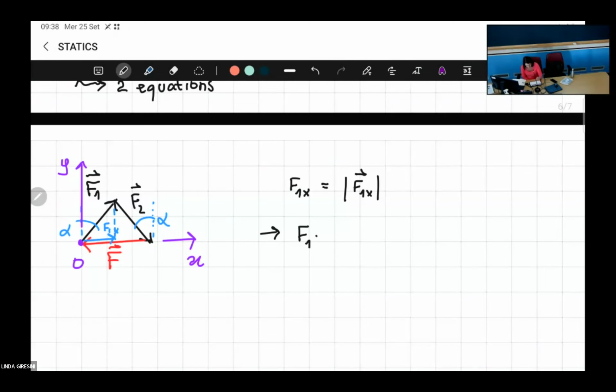If you don't remember these aspects, please study them by yourself. They come from high school concepts. And it's positive because the projection is directed toward the positive x-axis.